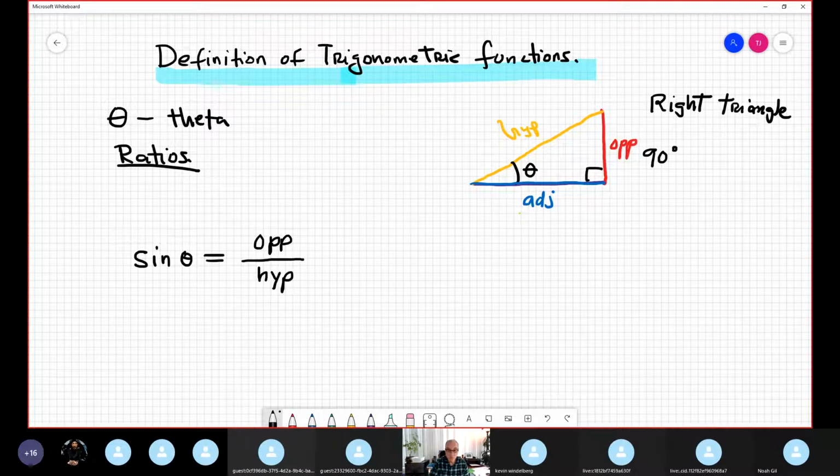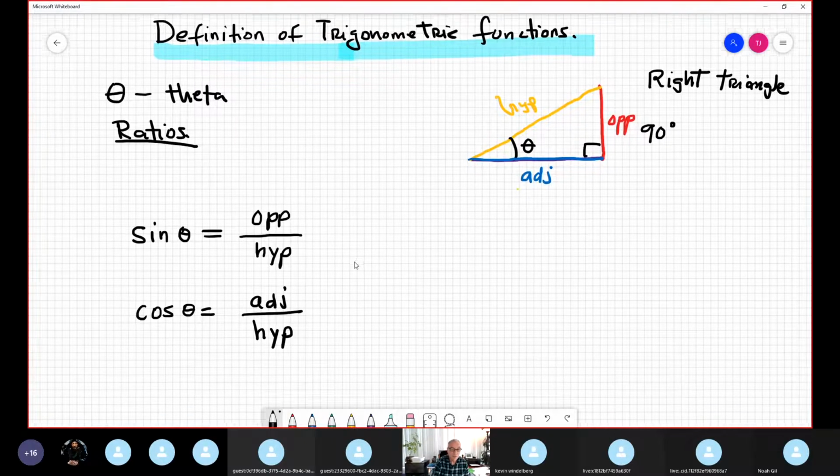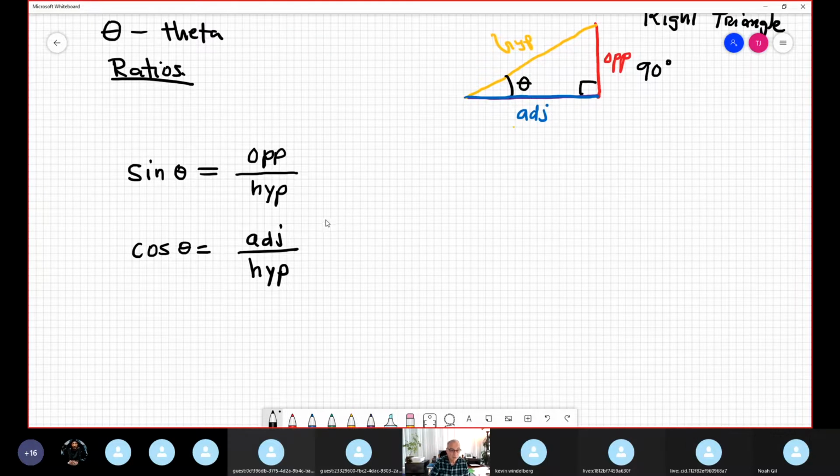Cosine theta is adjacent over hypotenuse. And tangent theta is the ratio between opposite and adjacent.